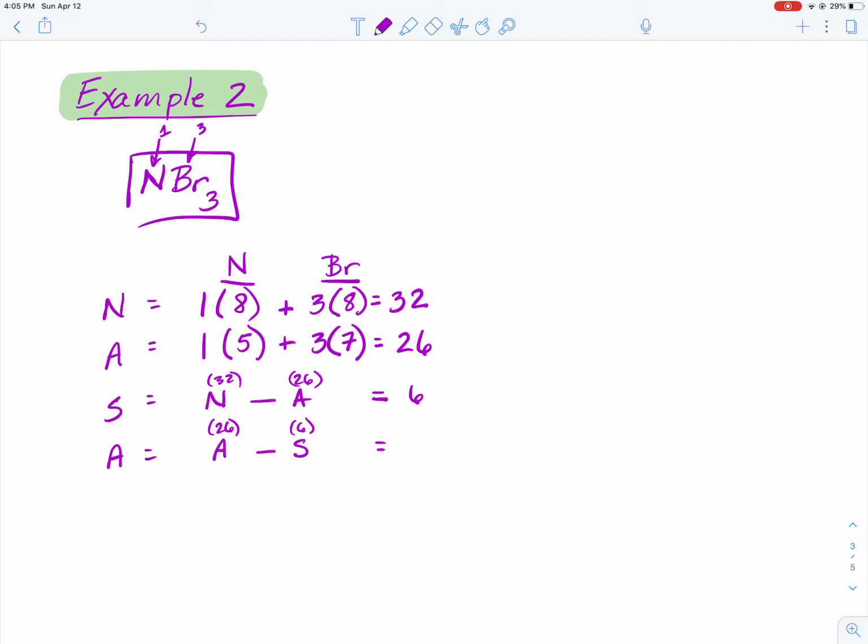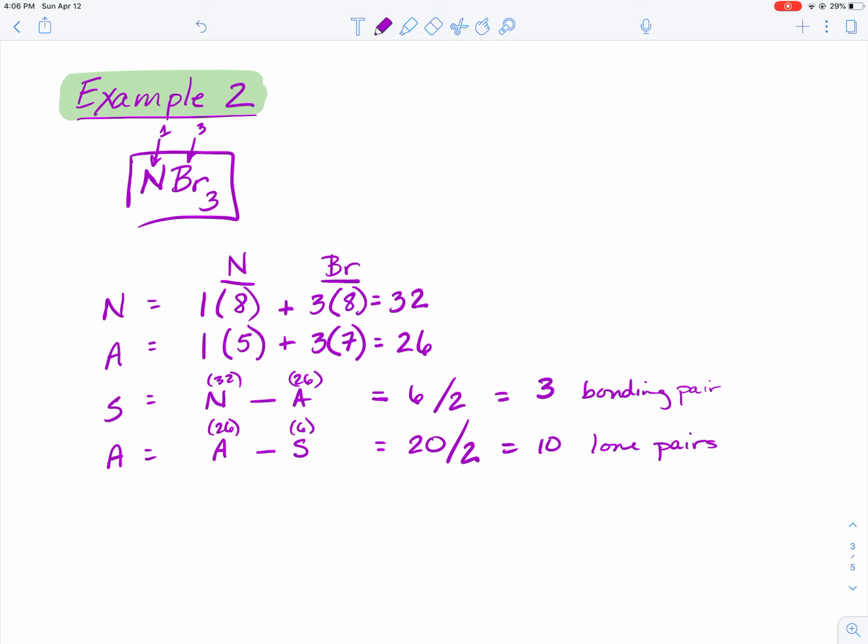That gives us a value of 20. So now once you've calculated the last 2 rows, you go in and create pairs. To do that, you divide both by 2, and that will tell you 3 and 10. So again, what are those? 3 bonding pairs and 10 lone pairs.